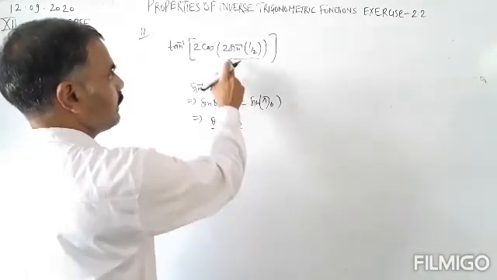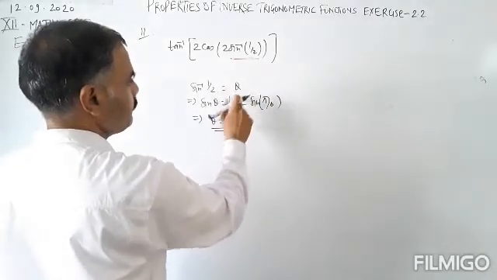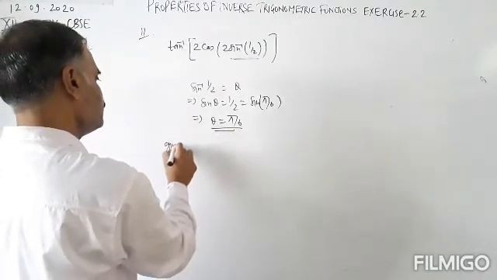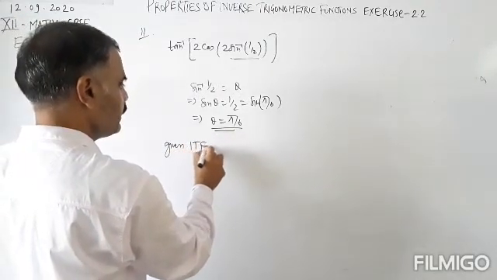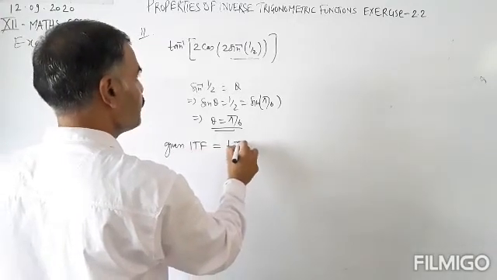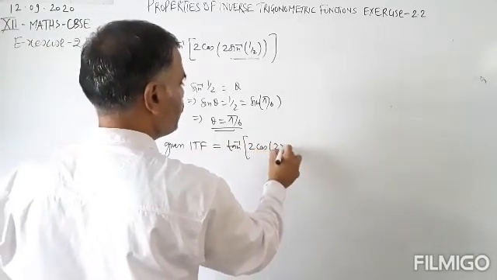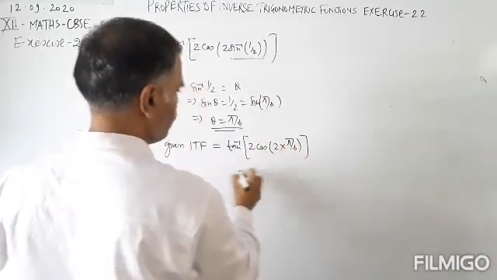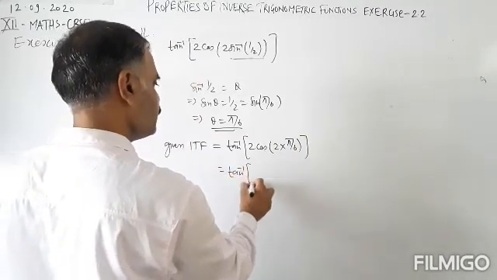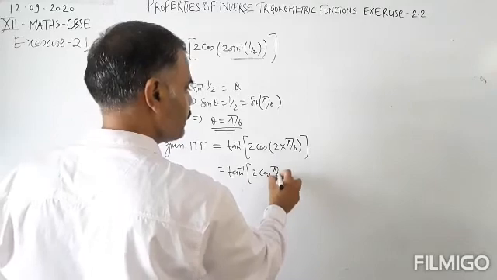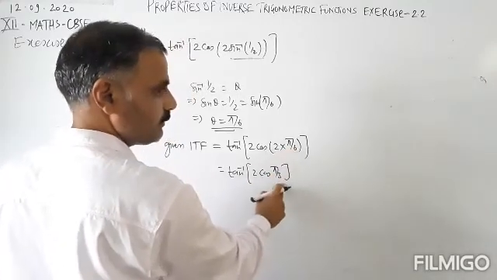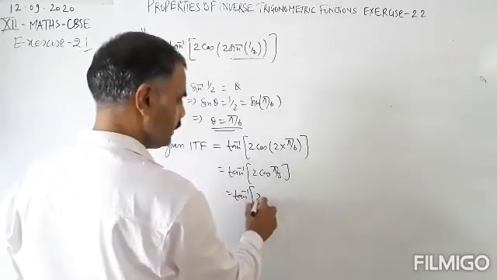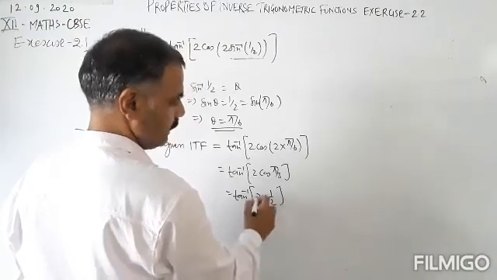Now putting this θ in place of sin inverse 1/2, where θ equals π/6, the given expression is tan inverse of 2 cos (2 times π/6). So this equals tan inverse of 2 times cos π/3, and cos π/3, that is cos 60 degrees, equals 1/2. The 2 will cancel with 2.